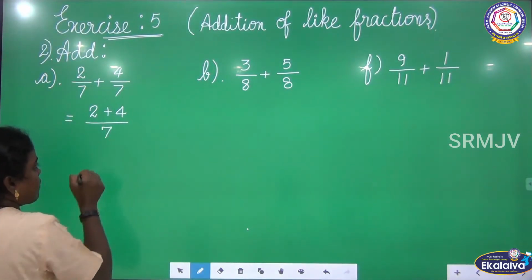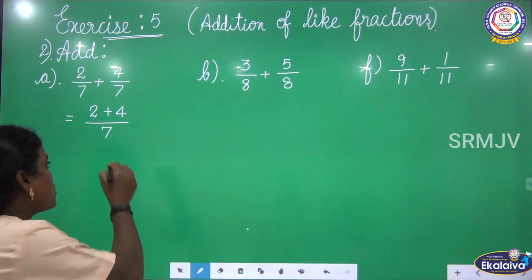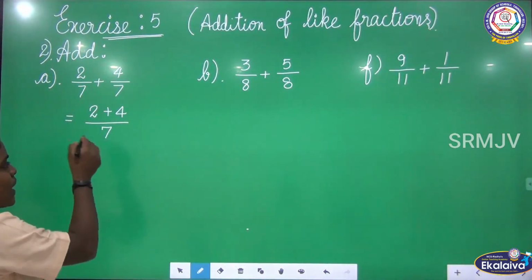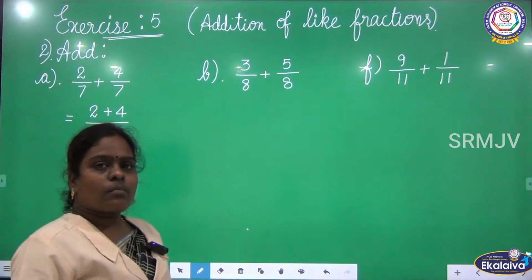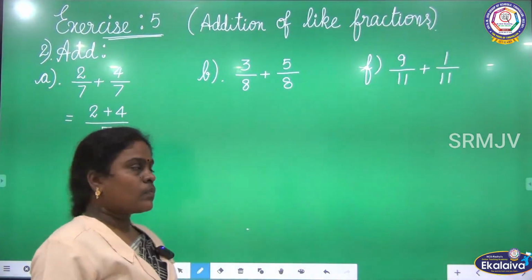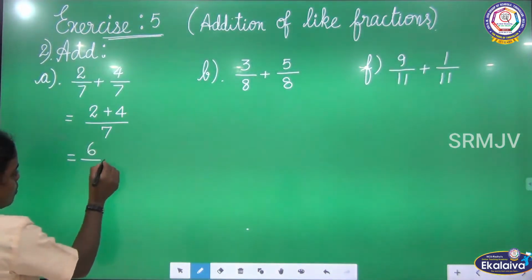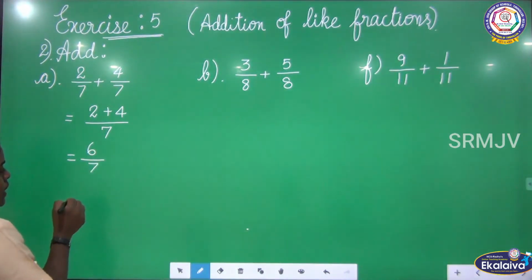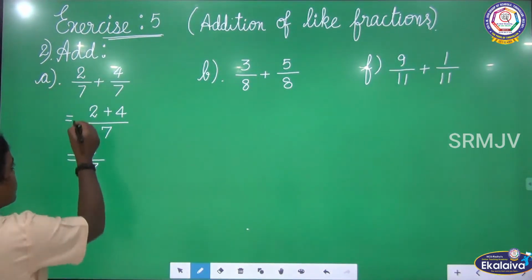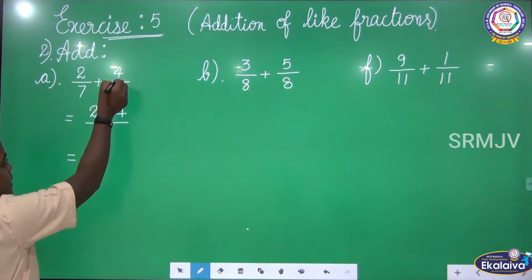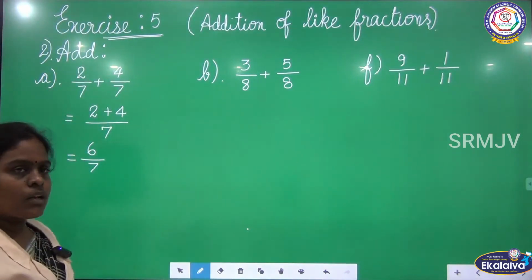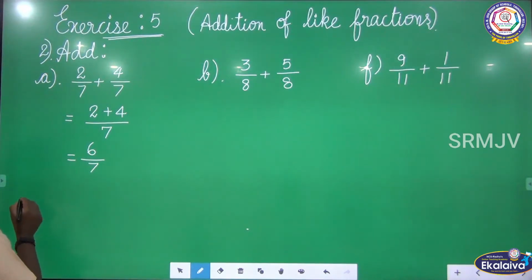You just take only one denominator. So 2 plus 4 by 7. Add the numbers 2 and 4, it is 6. So 6 by the denominator 7. So if you add 2 by 7 and 4 by 7, you will get 6 by 7.